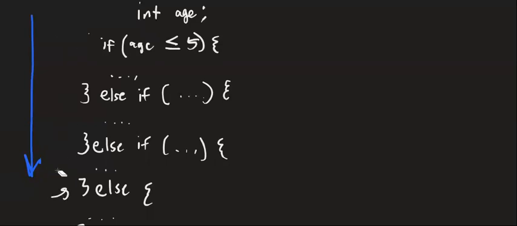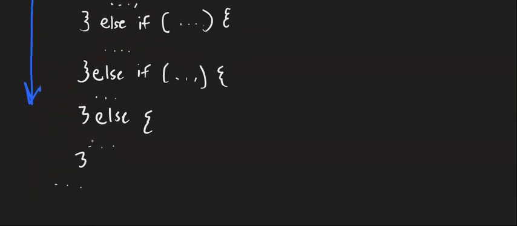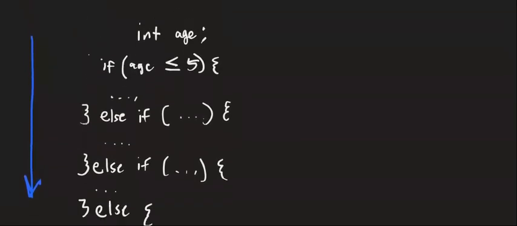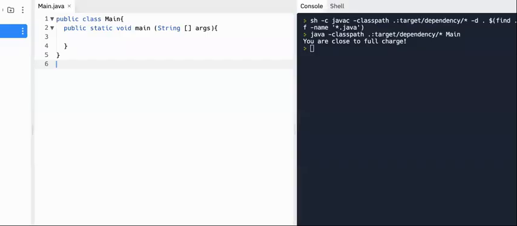But we will have one condition evaluating no matter what, because even if none of these conditions are true, the else condition has to evaluate. So there's going to be some evaluation that occurs. And then at the end, whatever happens, happens. So this is just a quick example of else if and what we use it for. It's just condition after condition after condition. Let's go over to the IDE now.